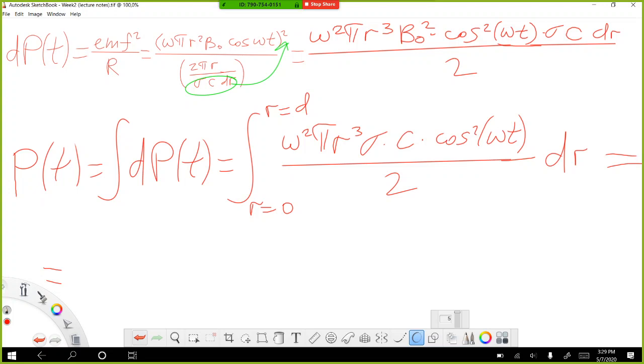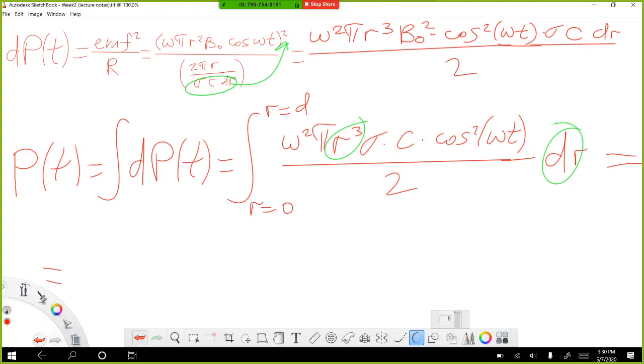Okay, omega squared p sigma c cosine squared omega t are the constants, and we need to do the integral of this. The only variable in our equation is r to the third power.